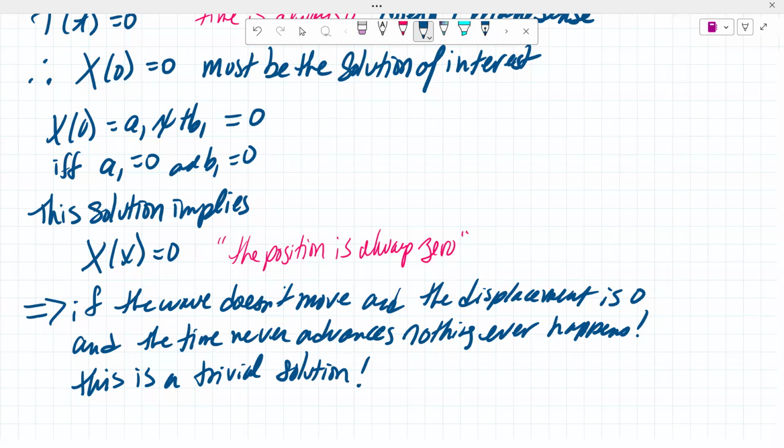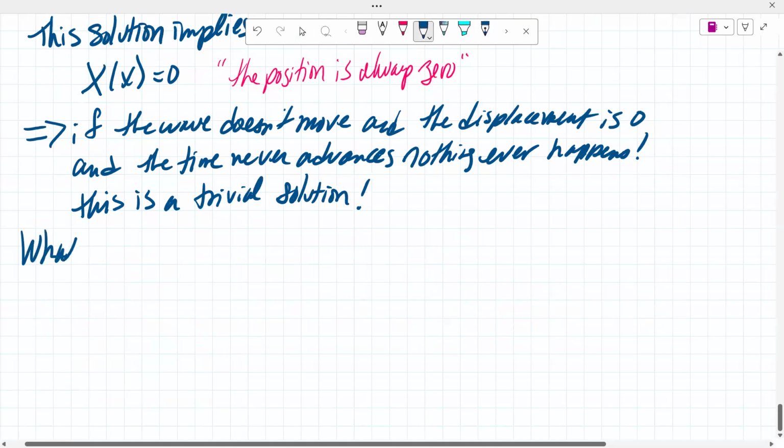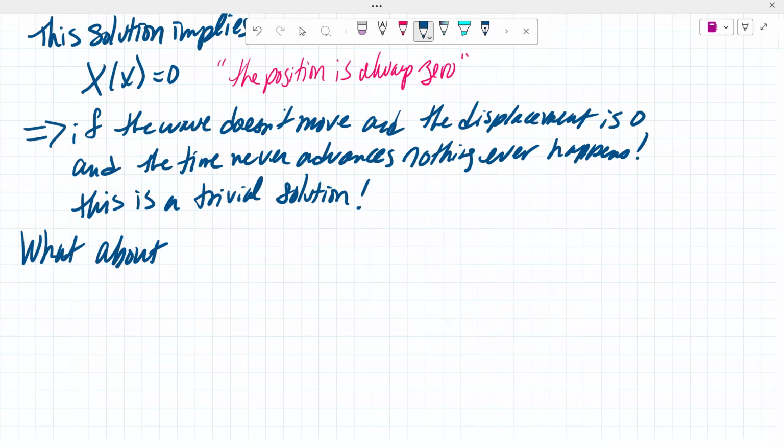What about the time equation? Remember, we've just done the position equation. There's also the time equation, so we could also do that.